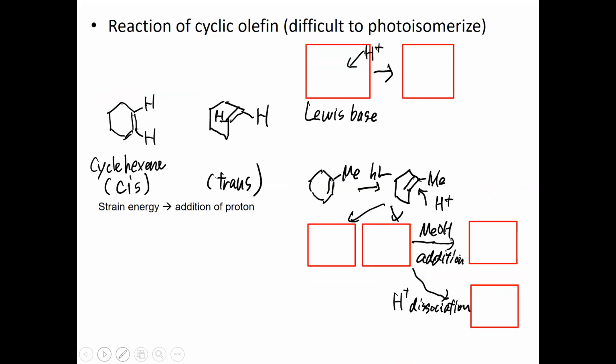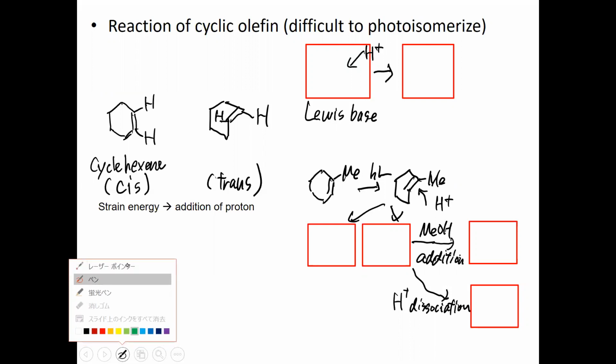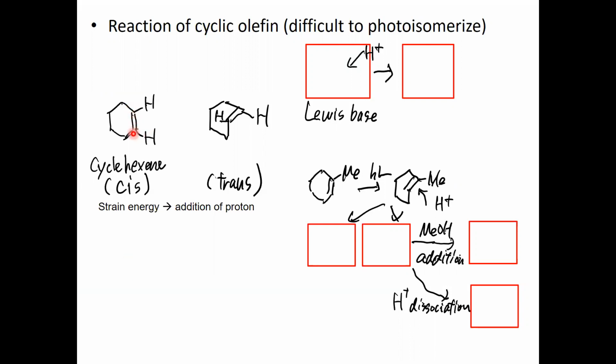And this kind of photoisomerization happens even for some cyclic olefins. Cyclic olefin means that you have a double bond, but the other carbon has a cyclic structure, like cyclohexane in this case.